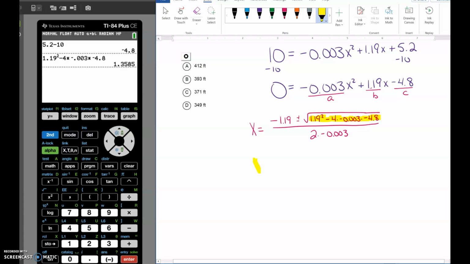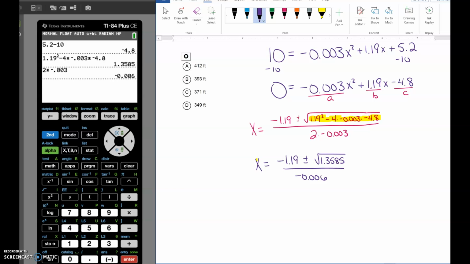So we have x equals negative 1.19 plus or minus the square root of 1.3585 divided by negative 0.006. Okay, to get the actual answers, we have to do this in our calculator twice.